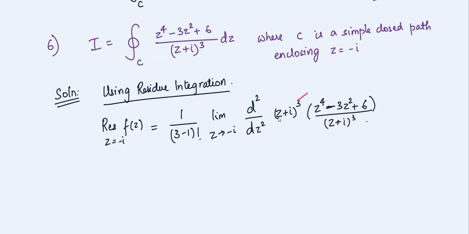So this and this cancels. So 1 by 2 factorial, limit z tending to minus i.